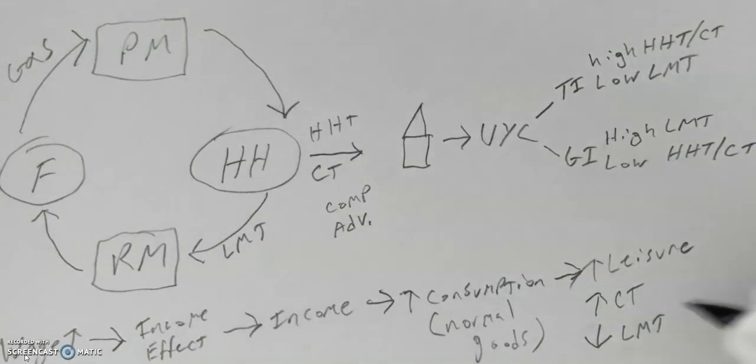And with less labor market time, clearly, that's going to be a decrease in the quantity of labor supply. Okay? Go to work less. That one's not so obvious as the wage goes up, but it is an important aspect of analyzing the decision making.